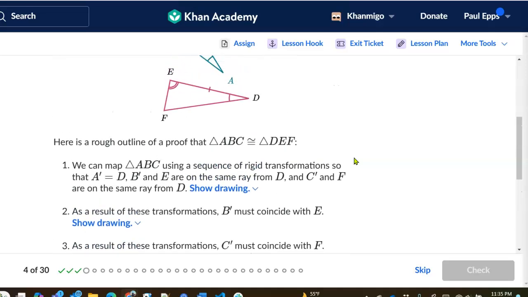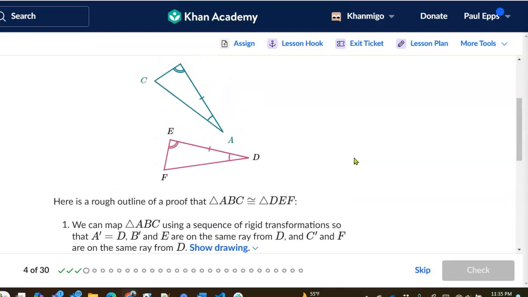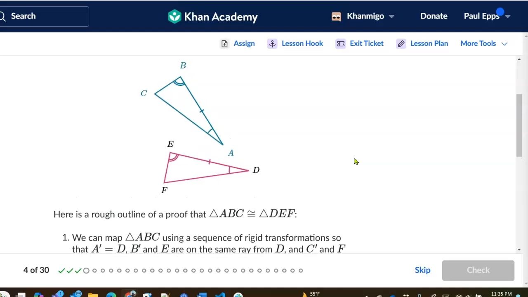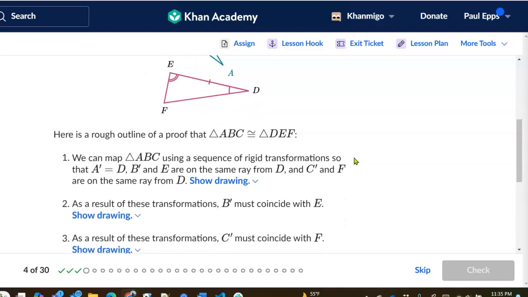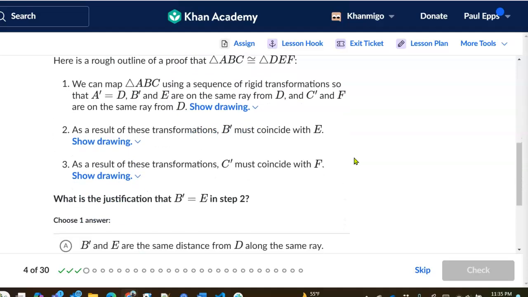We can map ABC with a sequence of rigid transformations so that A prime equals D, and B prime and E are on the same ray from D. Oh, okay.